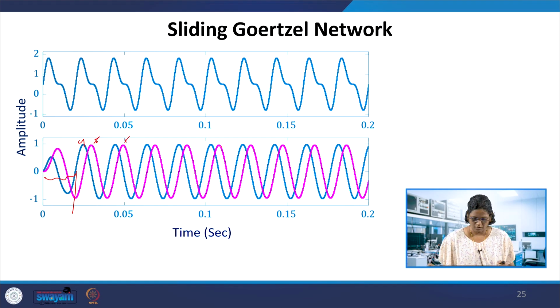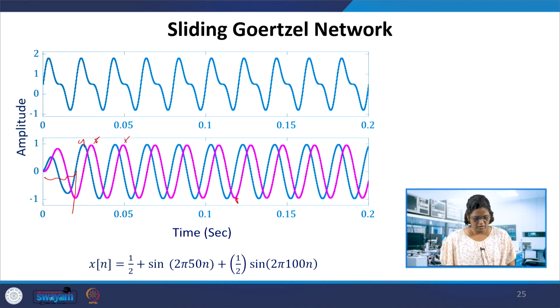If we push these poles slightly inside the unit circle, there will still be an issue, and a damping factor R needs to be chosen very carefully in this case. This is the signal, so we have extracted only the 50 hertz from it.